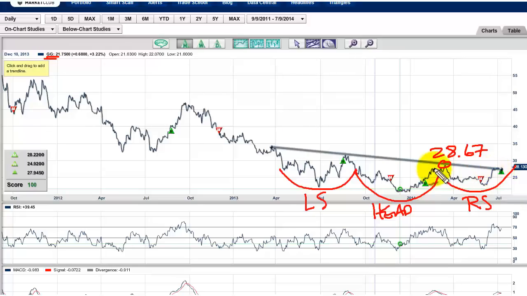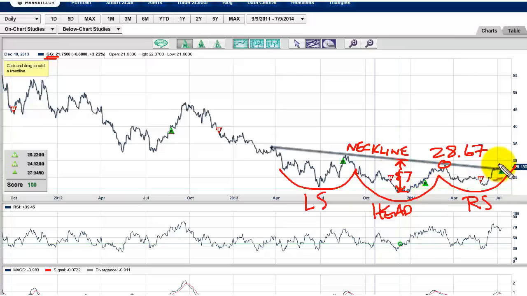If we measure from this point to this point, it's approximately $7. That's the difference between this neckline, which is right here, and this low.